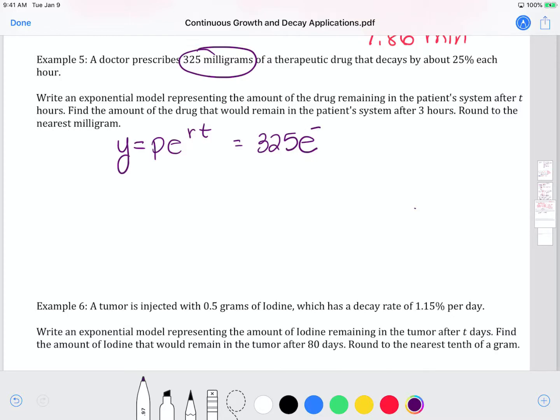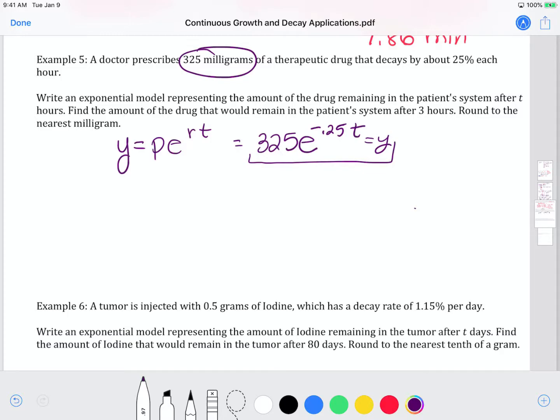So I'm going to put it as minus 0.25, and t is our independent variable. I leave that as t for time. So our model is this. I plug in the time in hours, and it gives me how much in milligrams is left in the patient's bloodstream.